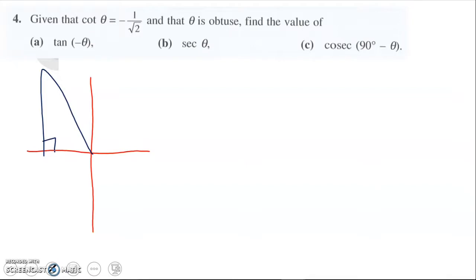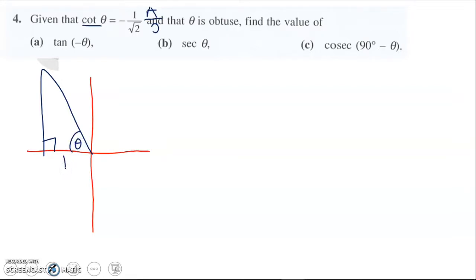So, again, you can either label tangent, you can find the tangent of this, or the inverse of that, or you can simply just say tangent's O over A, this should be A over O, which helps you to determine the sides. Our adjacent side is 1.